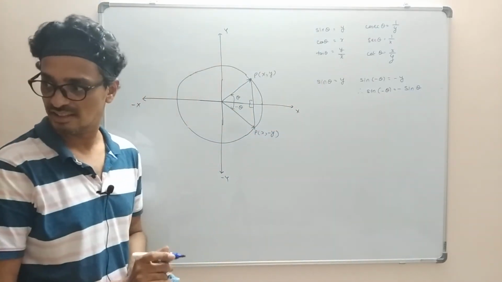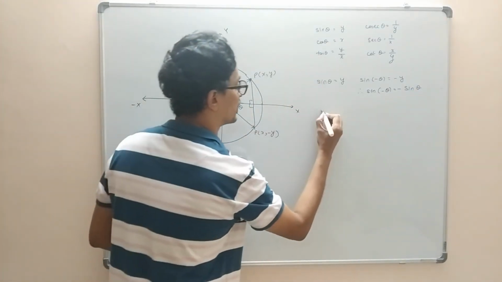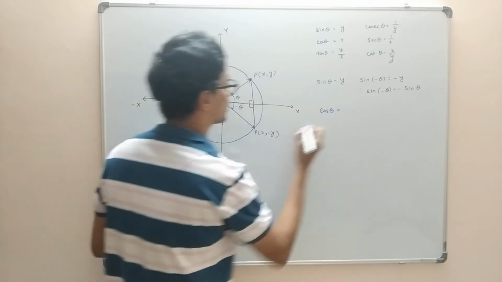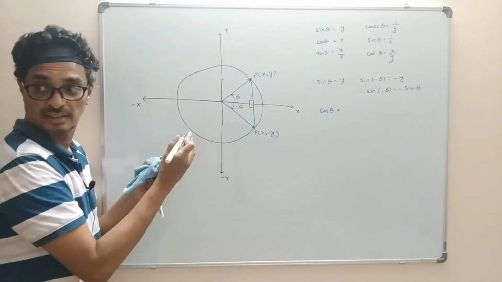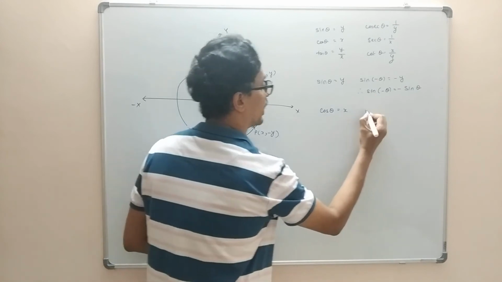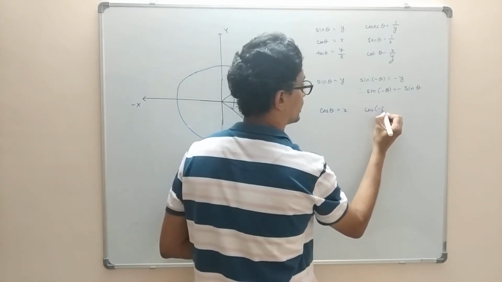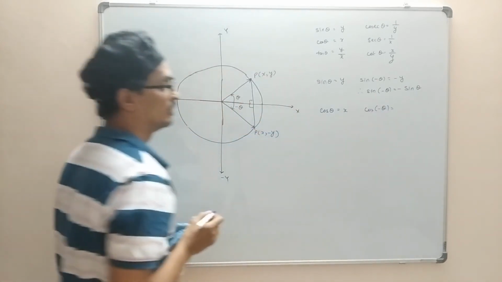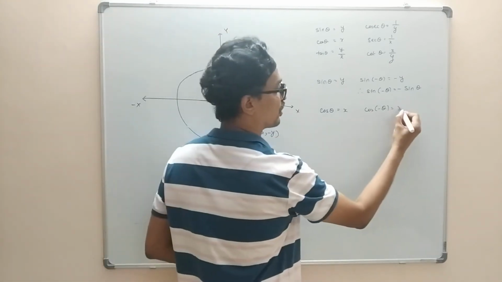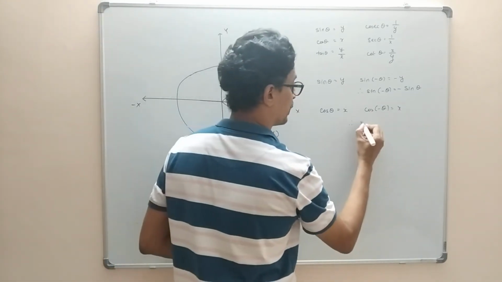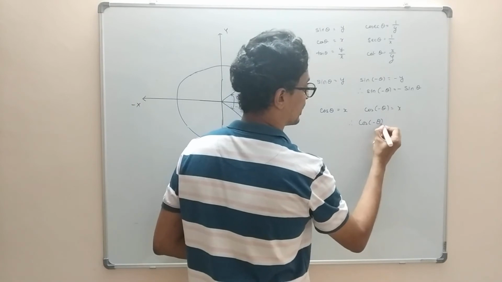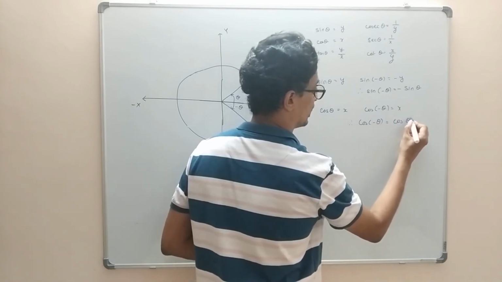Now cos theta: cos theta equals x. Cos of minus theta is also x. They are both the same. Therefore, cos of minus theta equals cos theta.